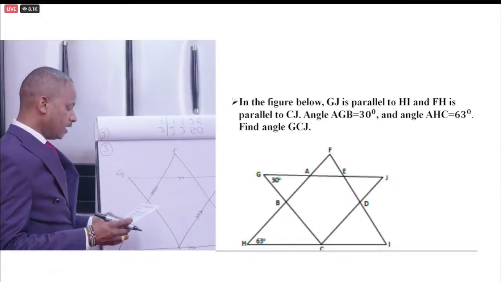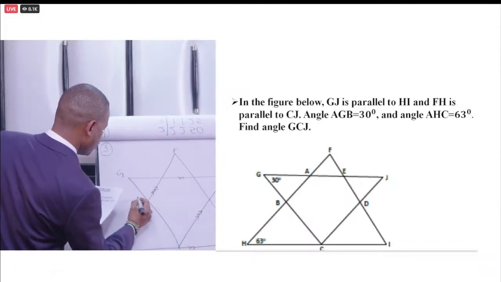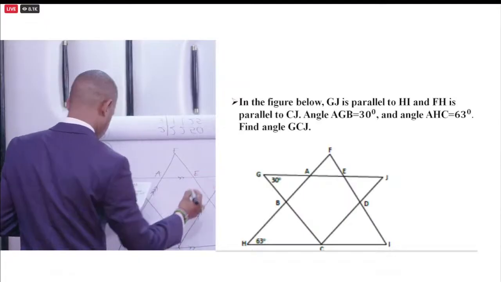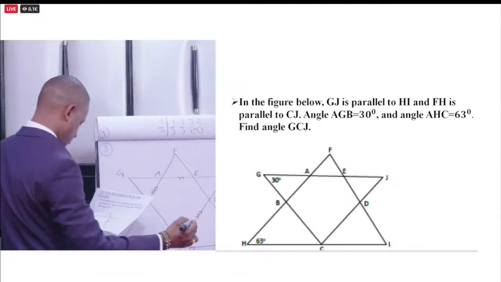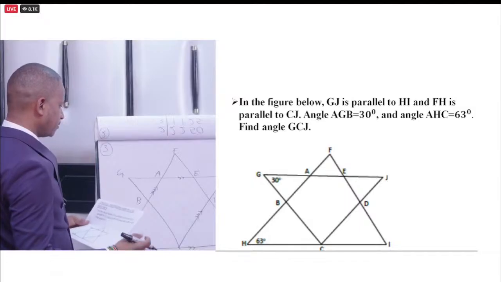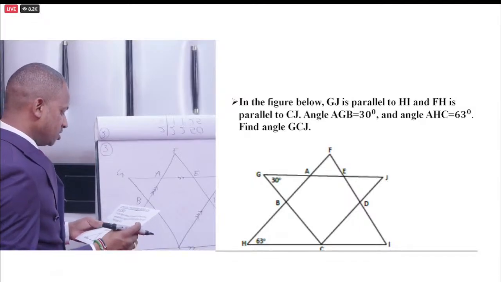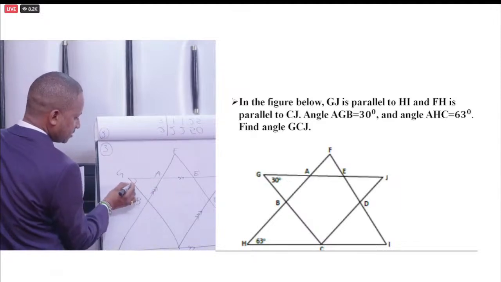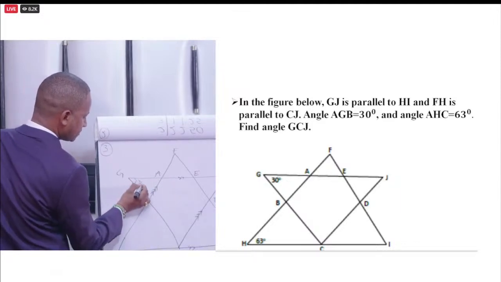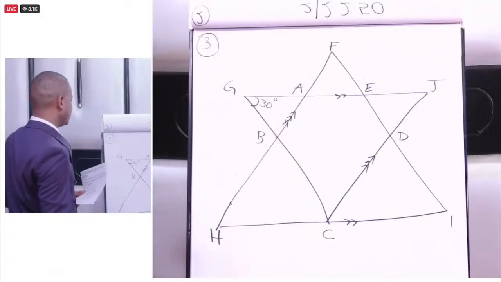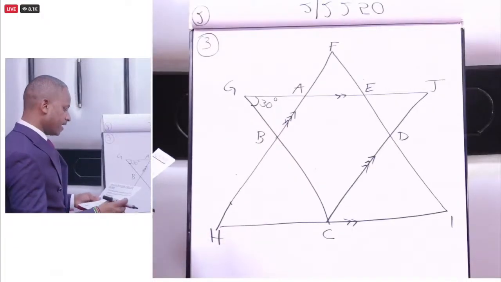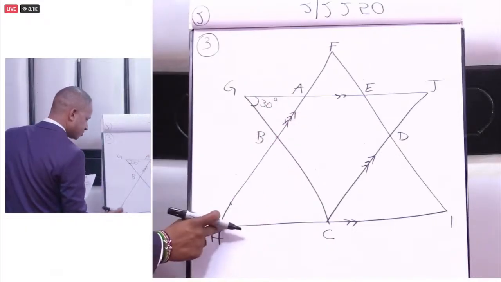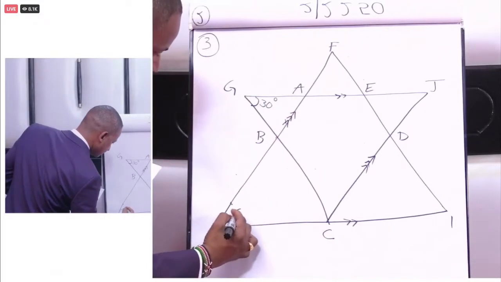Good. Angle AGB, this is a point B, point A is here from our drawing, E, D, C. Good. Angle AGB is 30 degrees. And angle AHC is 63 degrees.